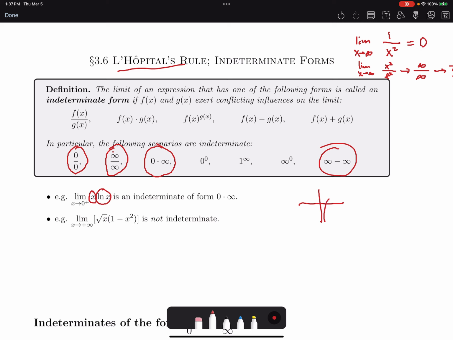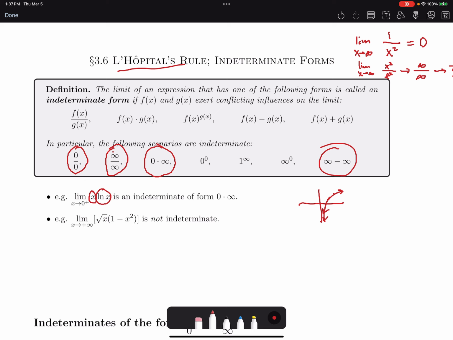This is what natural log of x looks like. So as we approach 0 from the right, we're going down to negative infinity. So it's an indeterminate of the form 0 times infinity, broadly speaking. We don't really care if it's negative infinity or positive infinity. We would still say that it's an indeterminate of the form 0 times infinity.